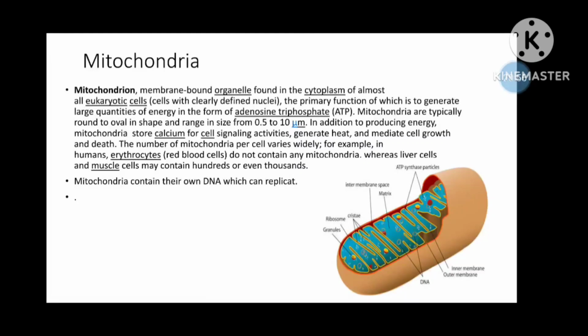Actually, the mitochondria are typically round to oval in shape and range in size from 0.5 to 10 micrometer. Mitochondria is also known as the powerhouse of the cell because it is mainly involved in the production of energy through cellular respiration.